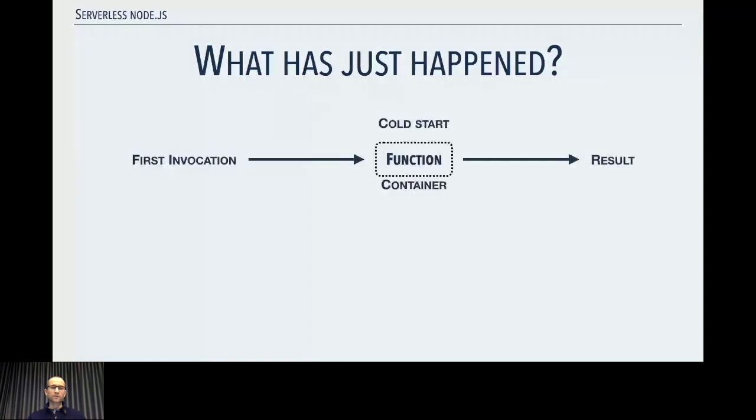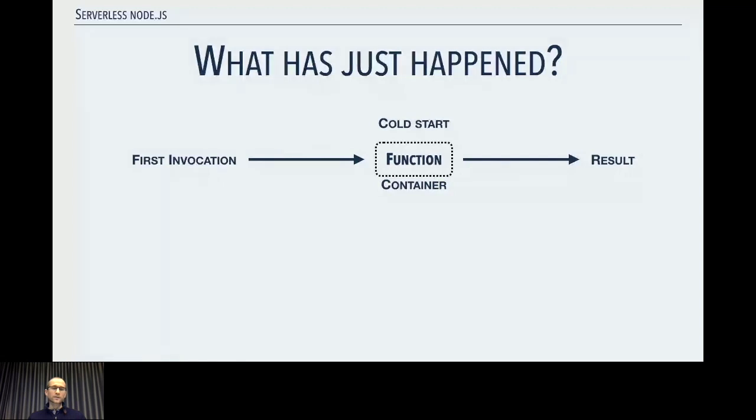During the first invocation of a function, our provider needed to create a kind of container. In AWS, it's called a micro virtual machine, having our runtime and our function. It takes time to start that virtual machine, and it's called a cold start.